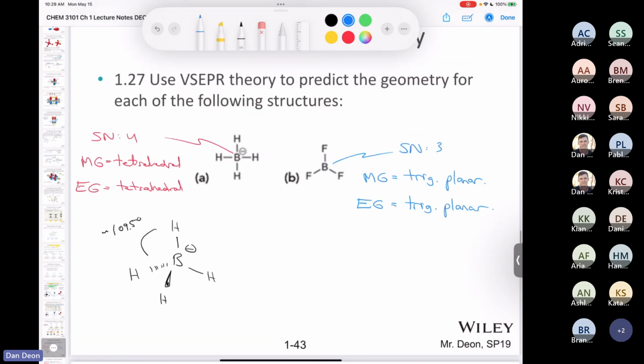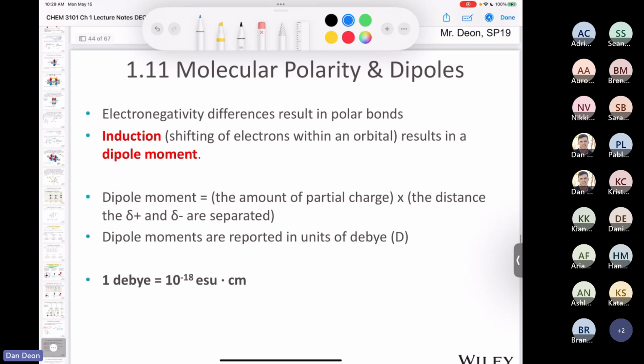All right. So that brings us to dipoles and molecular polarity. We've actually touched on this topic quite a bit. Remember the whole thing where we had the delta plus and the delta minus, and we identified this bond as being polar, because it had a difference in electronegativity of 0.5 to 1.7-ish, something like that.